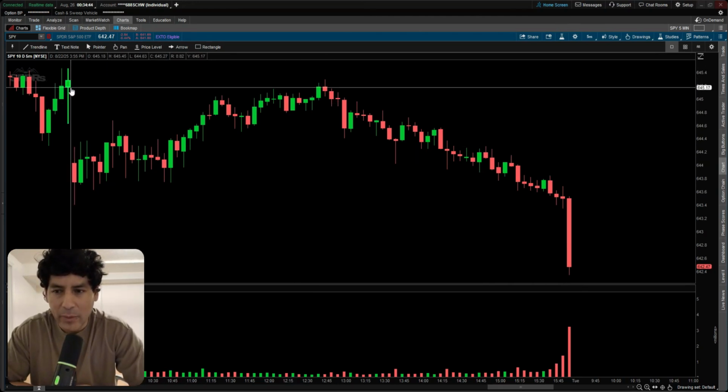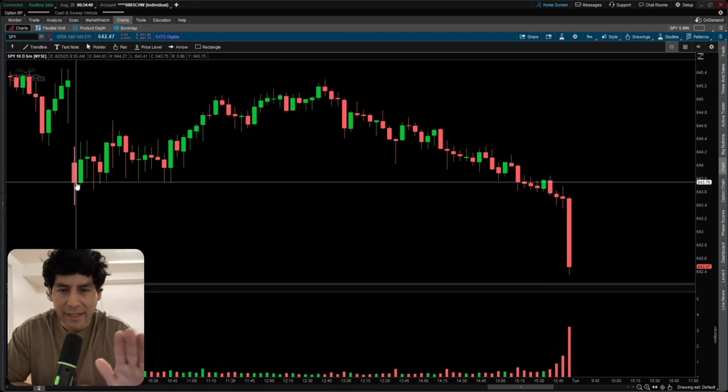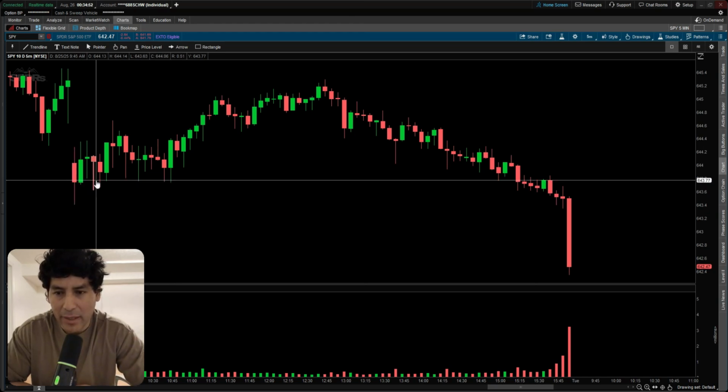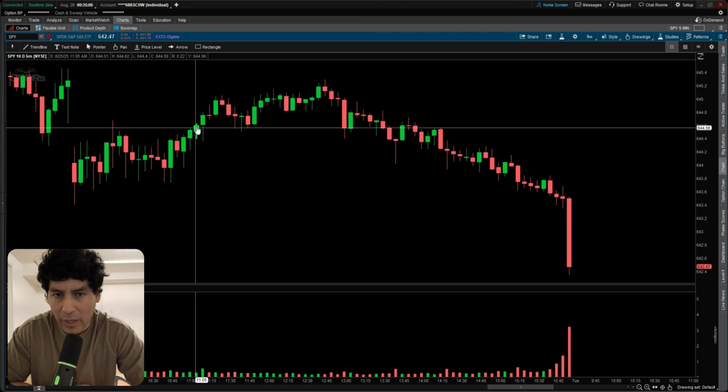Today the price opened with a gap down. Nothing interesting in the first hour because the price was oscillating. The price was sideways. And from here, with this bullish engulfing, the price went up.